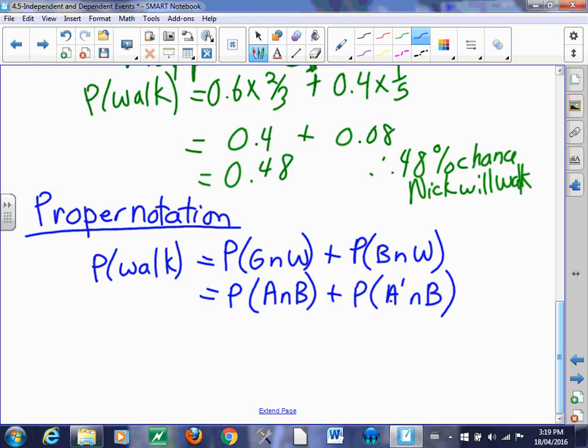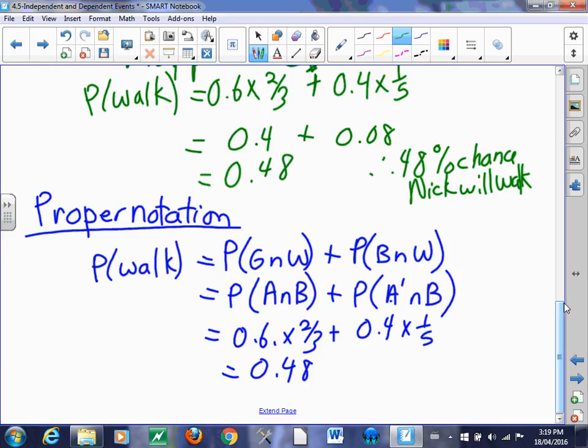Then we sub that in. So you could go 0.6 times 2/3 plus 0.4 times 1/5, and that will give you 0.48. And then you would do your therefore statement. So showing this information, folks, this is your proper set notation here.